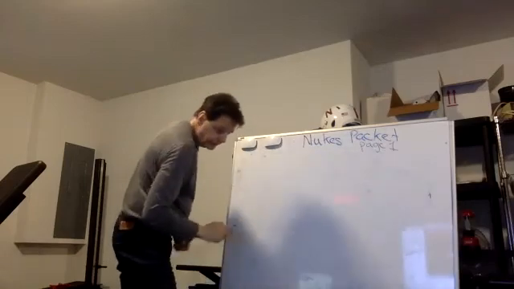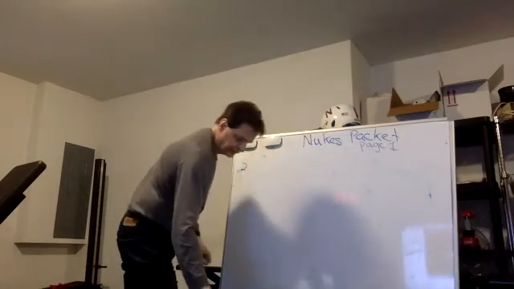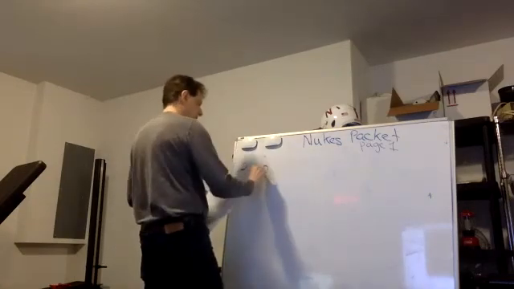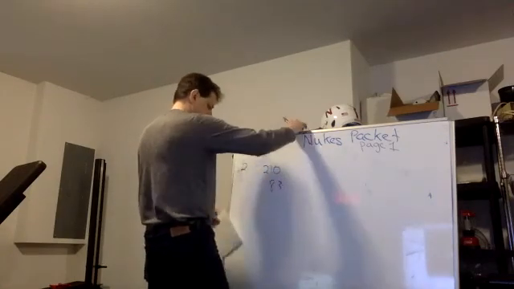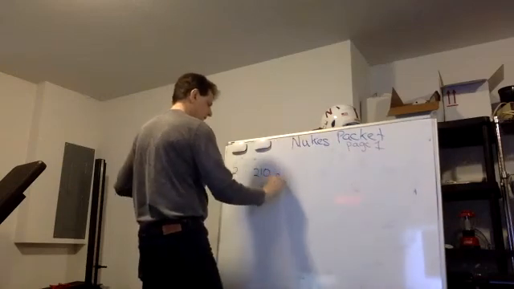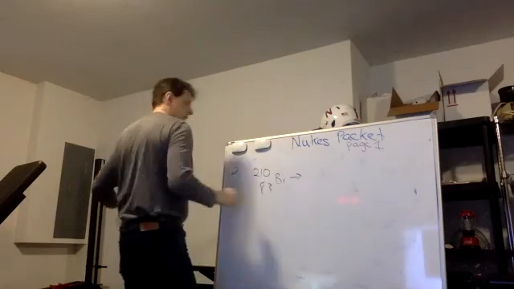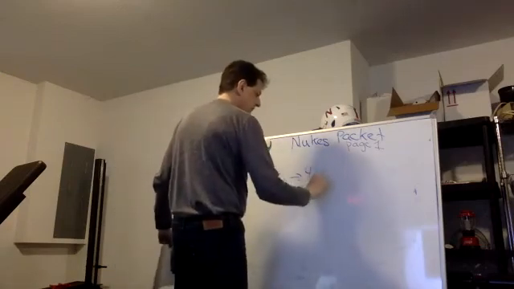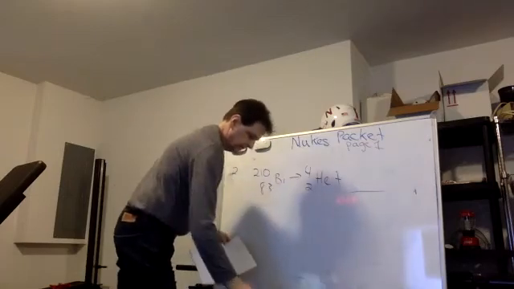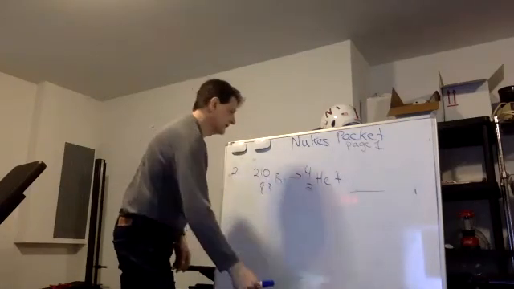And number 2, let's see, we got 210.83 bismuth, 2.4 HE plus blank. Okay. So let's take a look at this. Let's see what we got here.